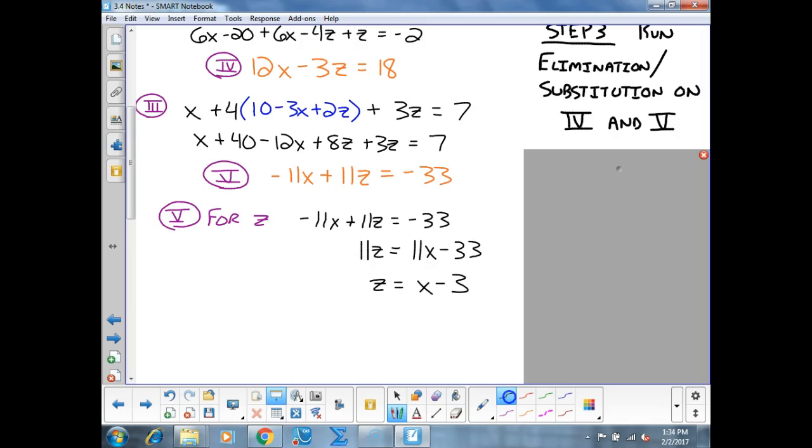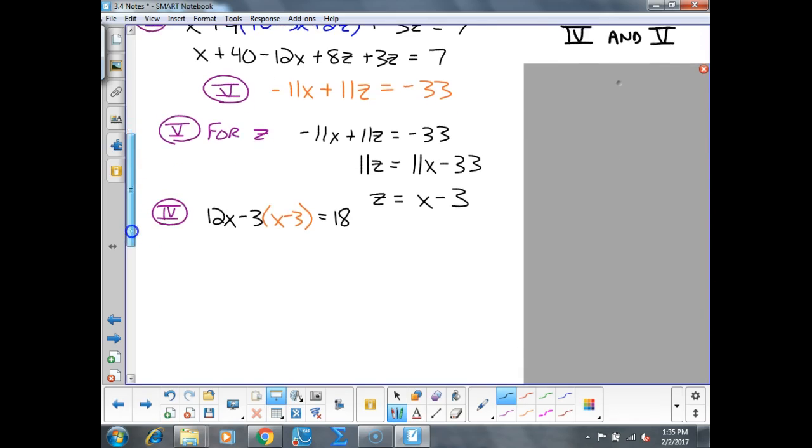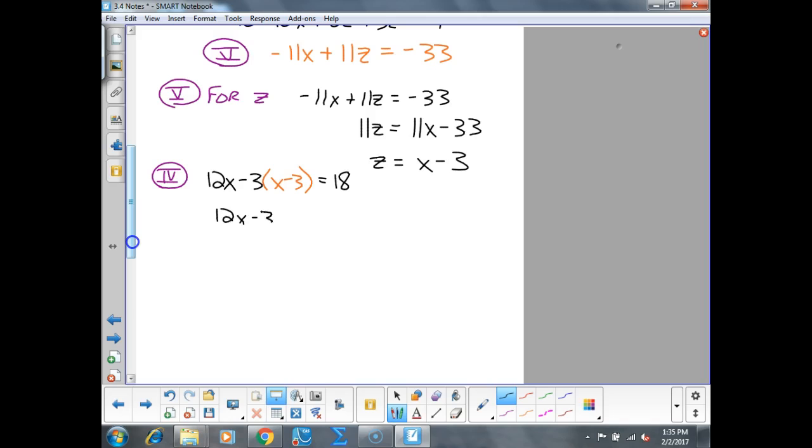I solved equation number 5 for z. Okay? So then I plug that into equation number 4: 12x minus 3 times x minus 3 equals 18. I get x equals 1.